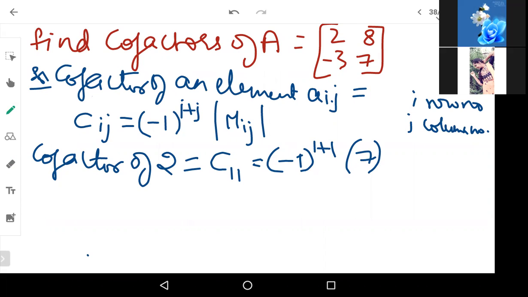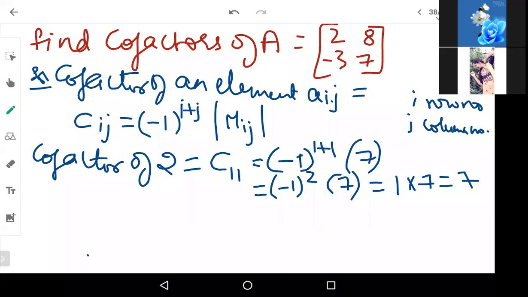So minus 1 to the power 1 plus 1 into 7, so minus 1 squared into 7. Minus 1 squared is plus 1, into 7 is equal to 7. So the cofactor of 2 is 7. Understood? Yes or no?